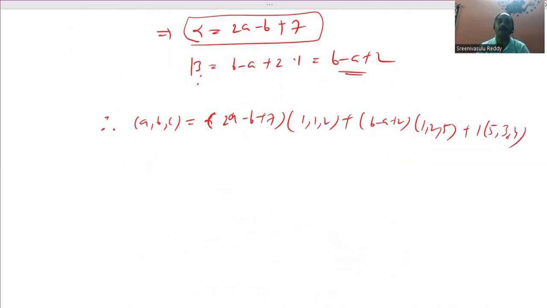Now observe the first component. First component: 2A minus B plus 7 times 1, plus B minus A plus 2 times 1, plus 5.